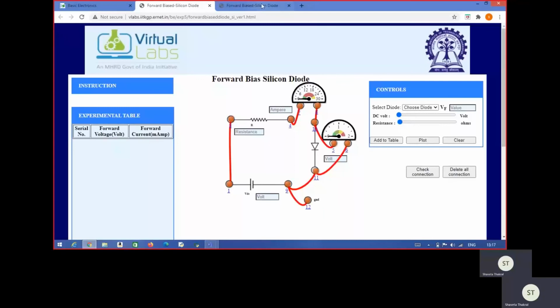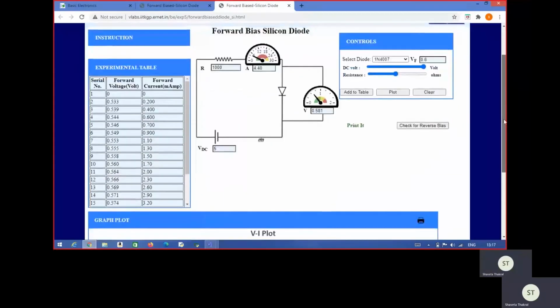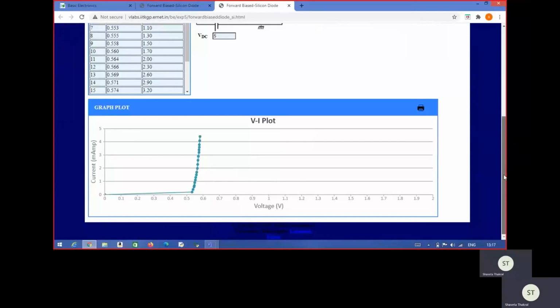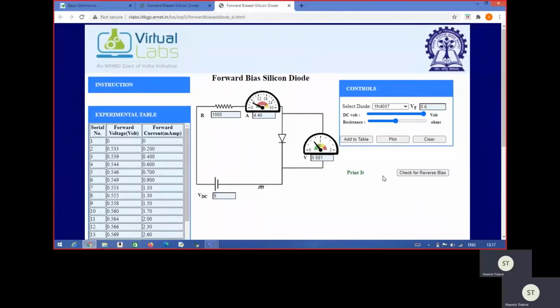So already we have completed this experiment and we have seen the forward bias VI characteristics are coming like this. So this is all about the VI characteristics of the PN junction diode under the forward bias condition.